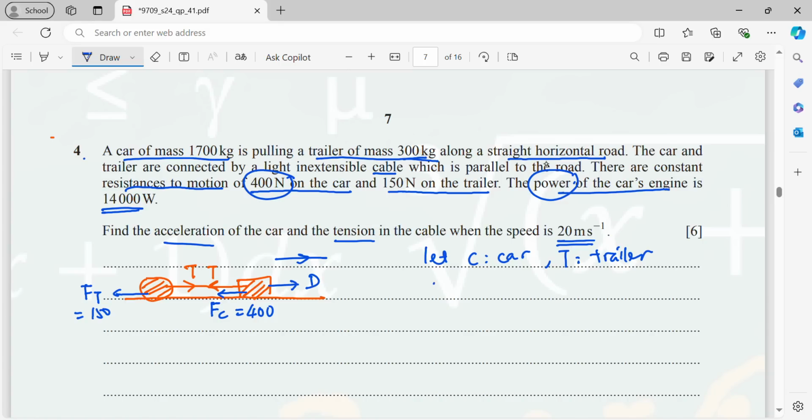Now MC, C means car, so MC is the mass of the car, 1,700 kilograms. MT, the mass of the trailer, is 300 kilograms. Now given the power, I will have to define first: let D be the driving force of the car.